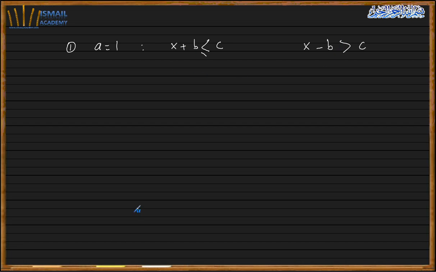Here you have addition, so we subtract. We end up having x is less than c, because if I subtract the same number from both sides, the inequality stays the same. Here, the same thing, but we add.